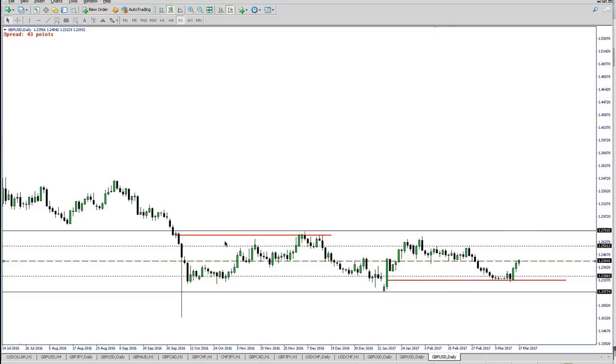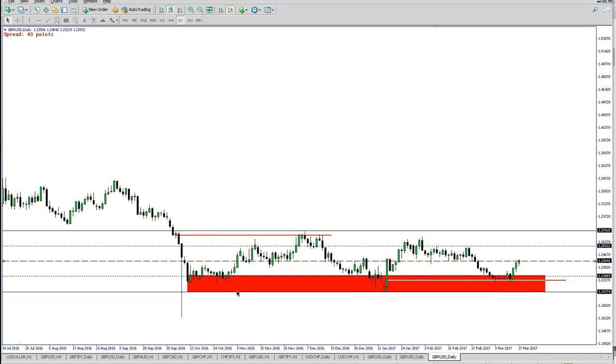What happens is the market will come down through the equilibrium, and when it's in the lower portion, like this lower portion here, the market will spring back to equilibrium.